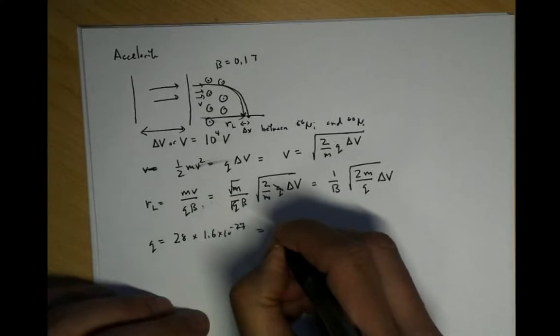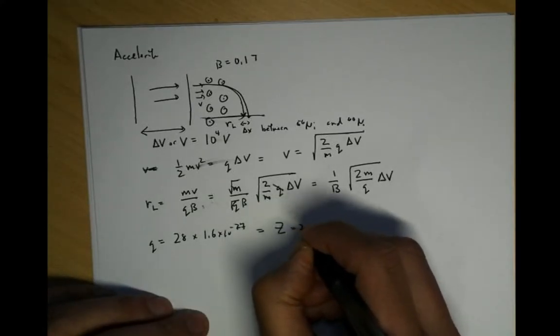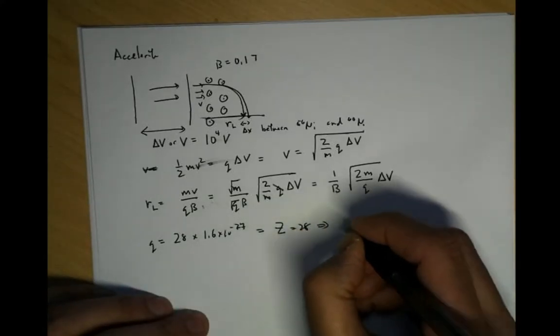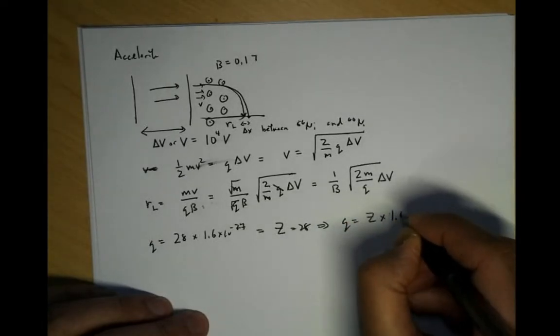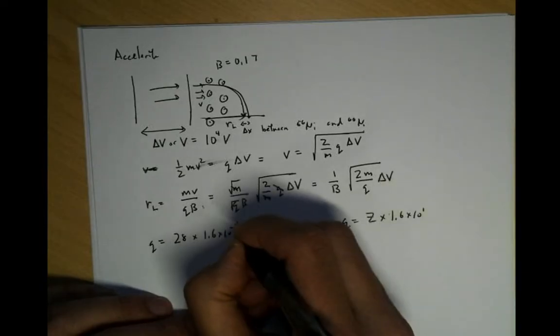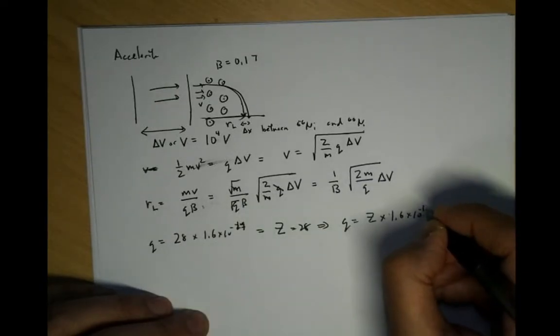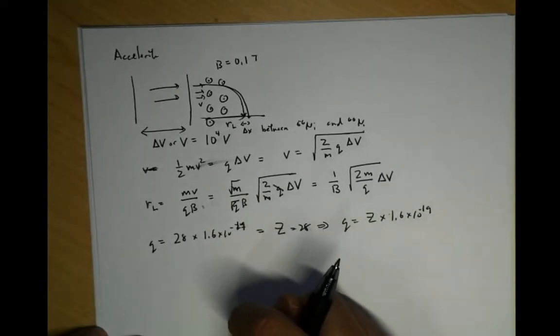I'm going to denote this by Z, where Z is equal to 28. So another way of writing it is q is equal to Z times 1.6 times 10 to the minus, oops, sorry, it should be 19, minus 19 coulombs.